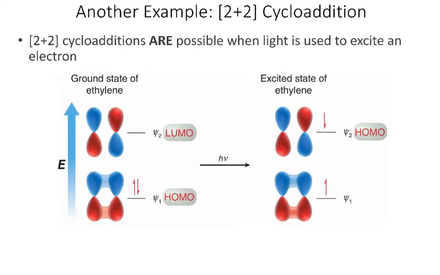If we hit one of the ethenes with the right frequency of electromagnetic radiation, we can cause one of the electrons from the HOMO to jump up into the LUMO. That changes things, because now we're in an excited electronic state of ethene, and what was the LUMO, because it was unoccupied, now has an electron in it, and so now it is the highest occupied molecular orbital.